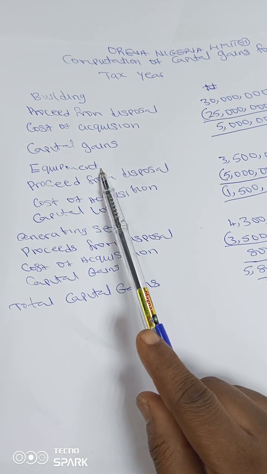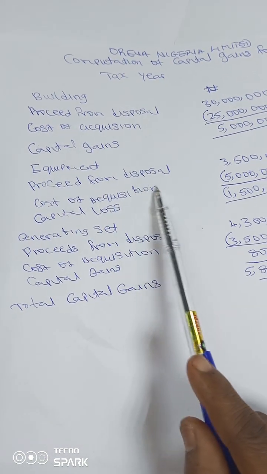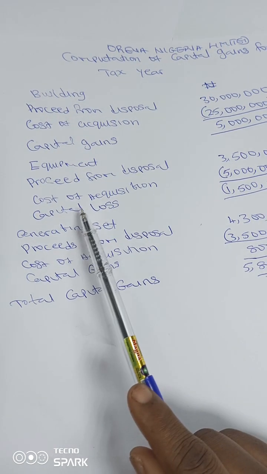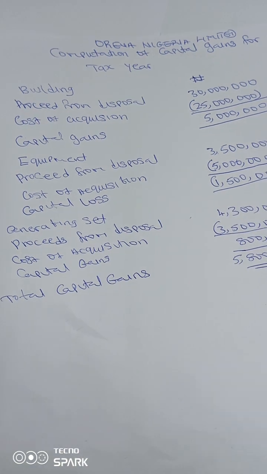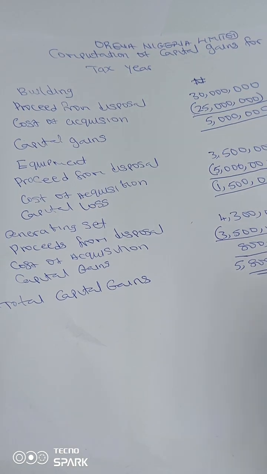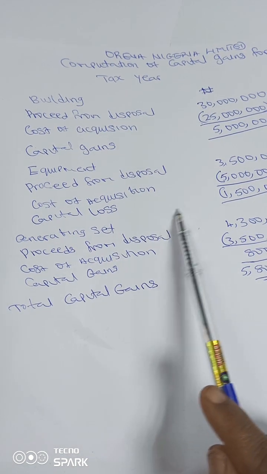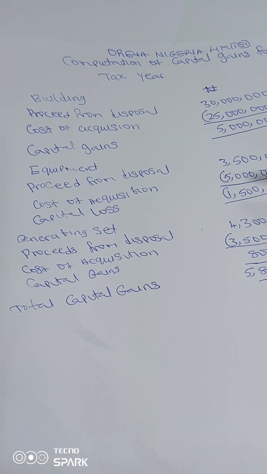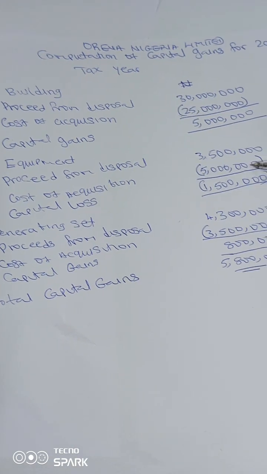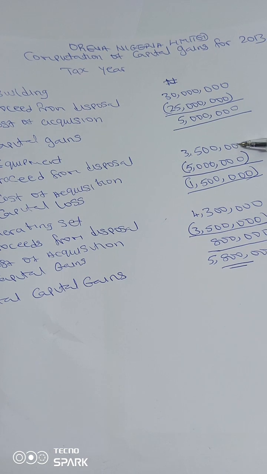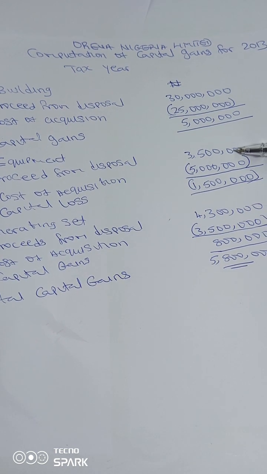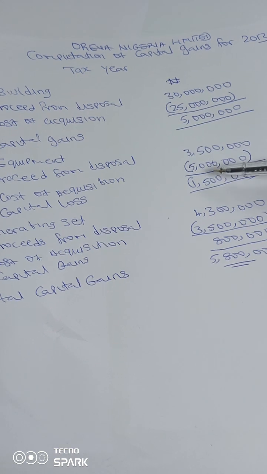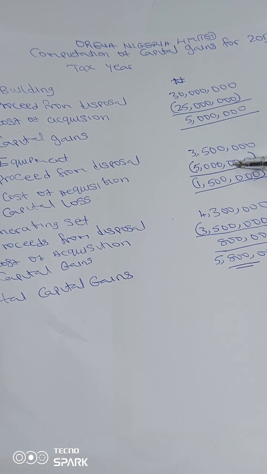Then the equipment, proceeds from disposal, 3,500,000. Cost of acquisition is 5 million naira. So it's going to be a capital loss because what you used to acquire it is higher than what you sold it for. You disposed of it at 3.5 million, but you got it at 5 million.